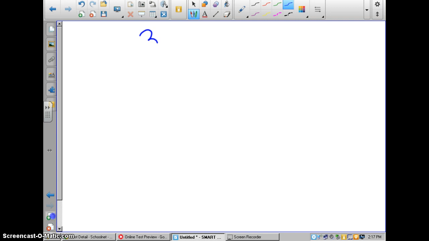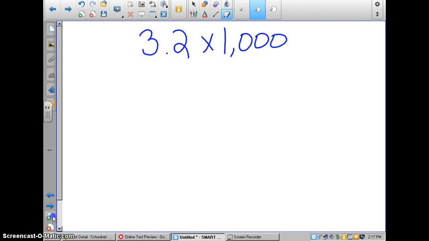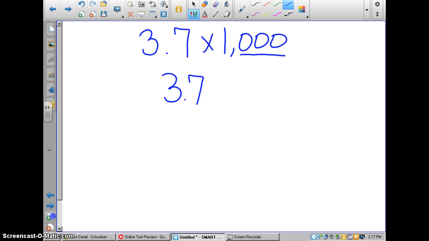Let me give us a clean space. 3 7/10 times 1,000. Oh, pardon me, that was 3.7. I'm going to rewrite that 3.7, and I want you to watch carefully as to what happens. There are 3 zeros in the 1,000 when I'm multiplying by.